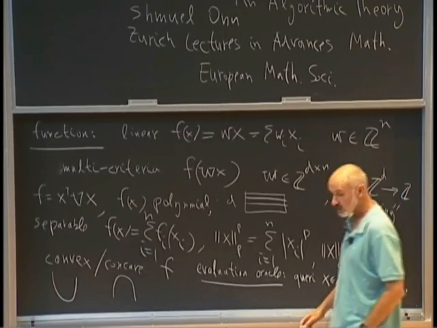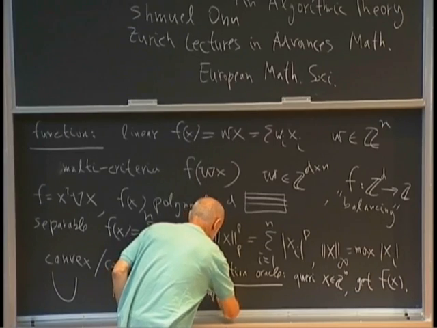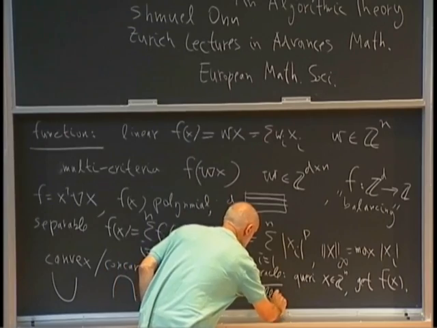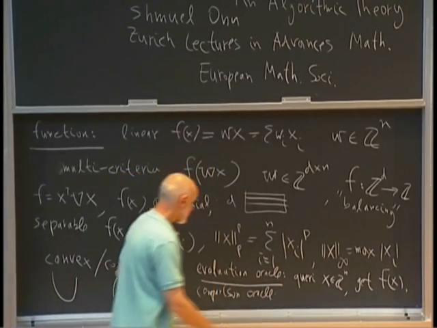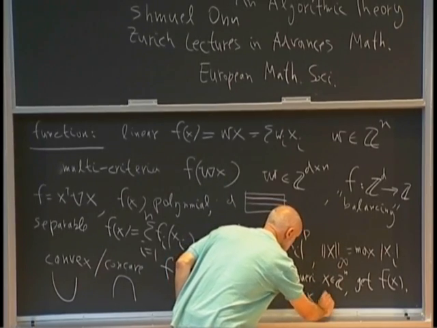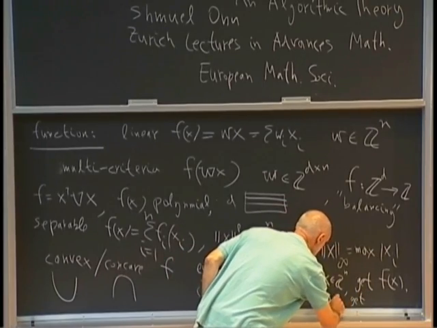But there's a weaker oracle that is called comparison oracle. And this is just you query two points, x, y, and get what the answer is going to be.